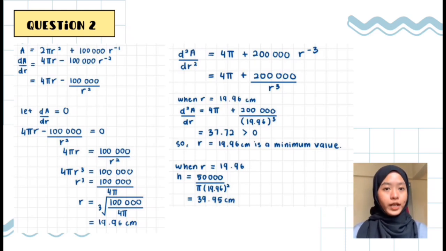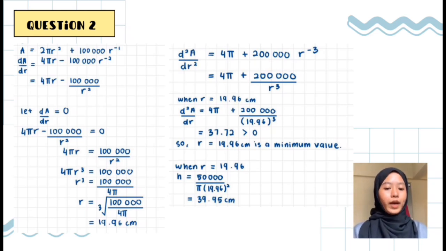We bring the 4π to the right, so r³ = 100,000/4π. Then we bring the cube to the right, so it becomes the cube root of 100,000/4π. So we got r, which is 19.96 cm.